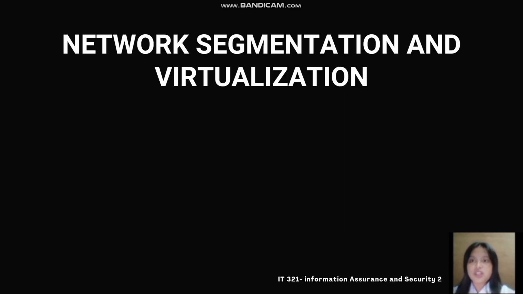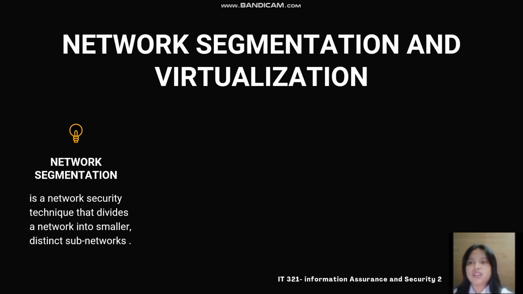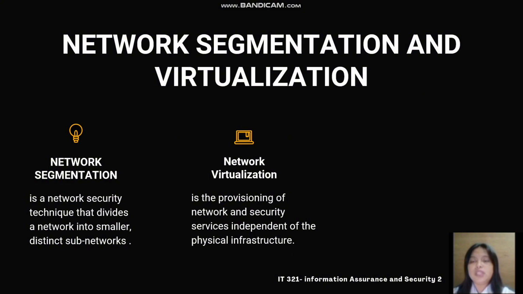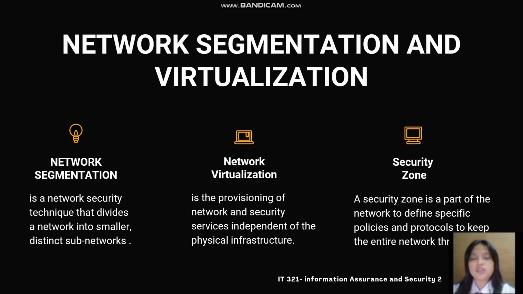Network segmentation and virtualization. Network segmentation is a network security technique that divides a network into smaller distinct sub-networks. Network virtualization is the provisioning of network and security services independent of the physical infrastructure. Security zone. A security zone is a part of the network to define specific policies and protocols to keep the entire network threat-free.